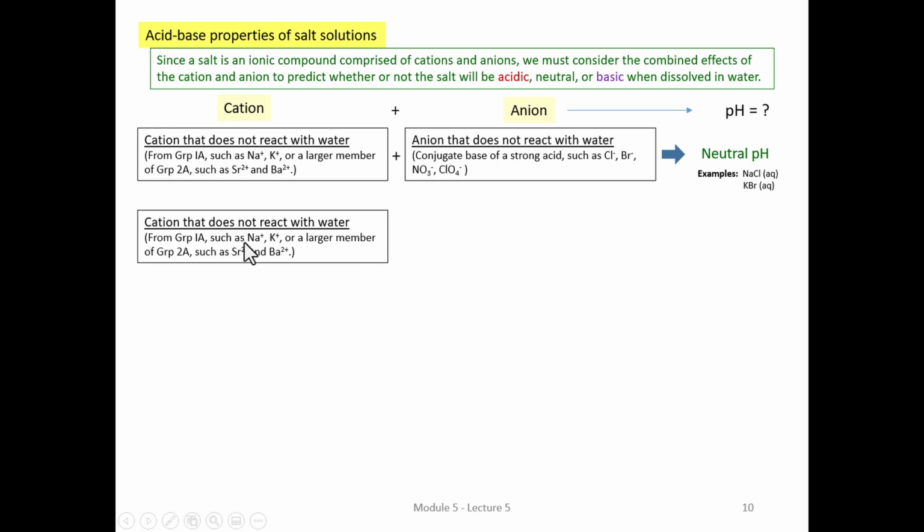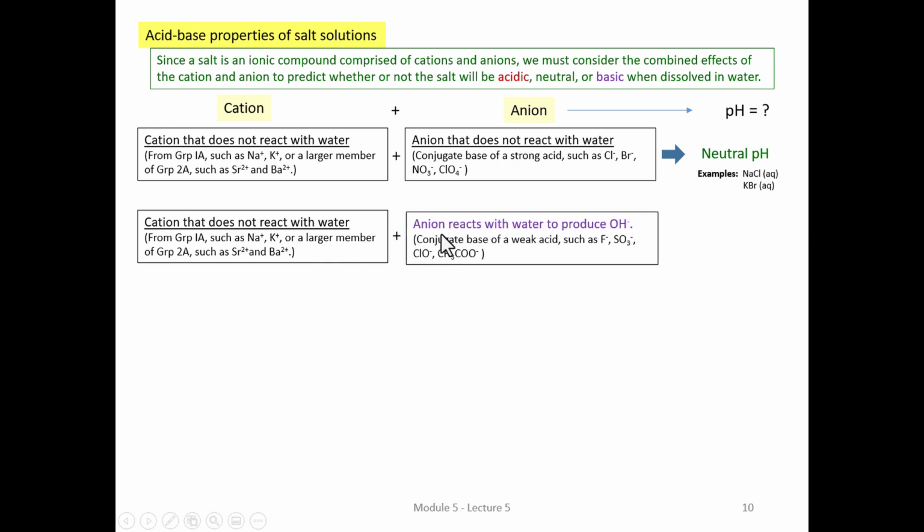How about if you had an ionic compound where, again, the cation does not react with water, but the anion does? So, for example, if you had an anion which was the conjugate base of a weak acid like acetate, fluoride, sulfite, or hypochlorite, then that salt is going to be basic because the cation will have nothing to say about the pH and the anion will determine that the pH is basic.